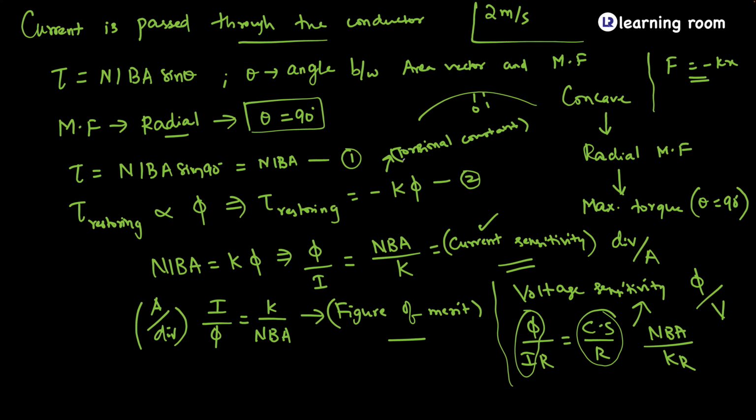One is you write the expression for torque in terms of current, number of turns, magnetic field, and area, which is going to be NIBA. And you write another expression for torque in terms of torsional constant K and phi. Equate both, you're done. Just rearrange, you will get three different parameters. What are they? Current sensitivity, figure of merit, and voltage sensitivity. That's it. Okay.